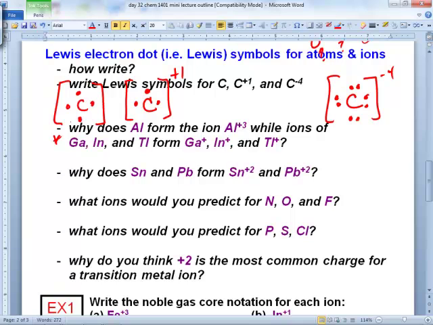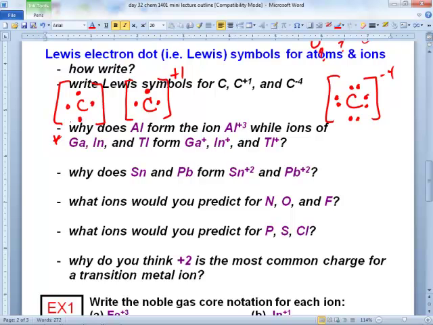A few questions here. Why does aluminum form Al+3? Why would aluminum, right here, form the ion +3? Now the hint is to kind of imagine what the electron configurations are.